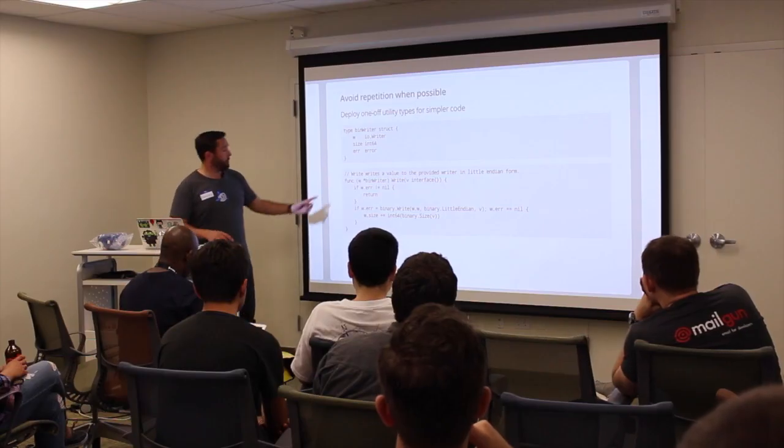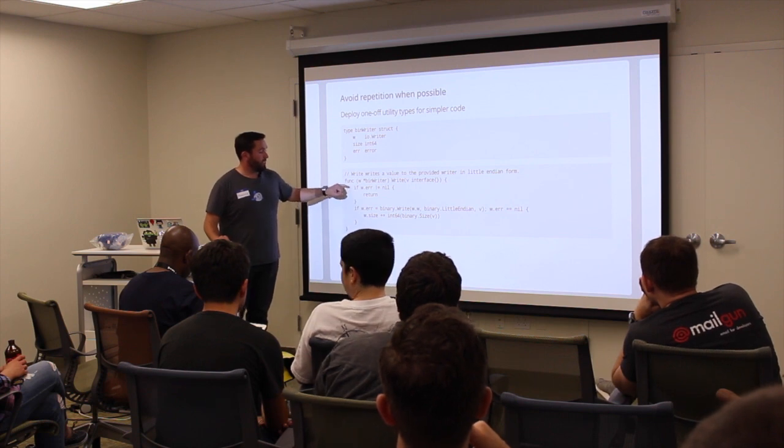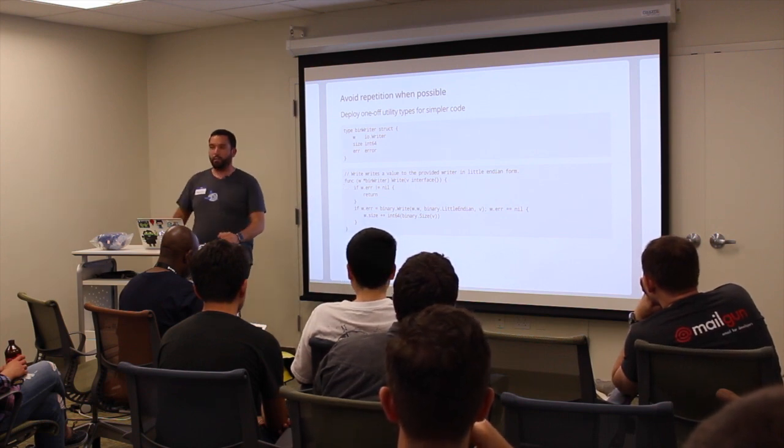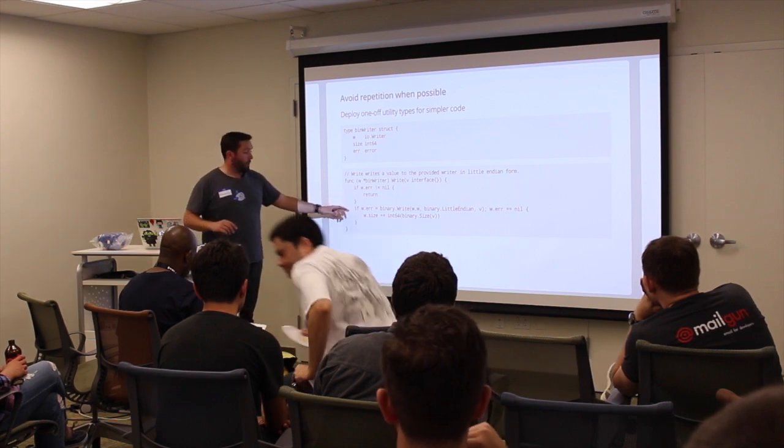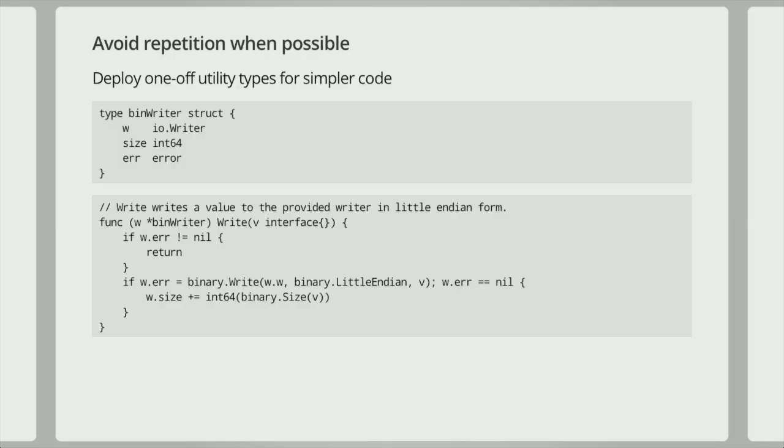Now, the write method, what it does is it checks if something before failed. If something before failed, I don't do anything. I'm done. But if it didn't, if so far all the operations called on this writer were successful, what I'm going to do is I'm going to write whatever value I got. So it's an empty interface.